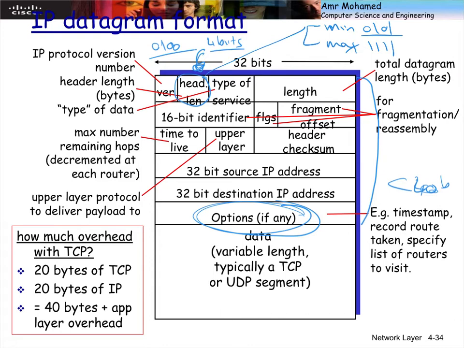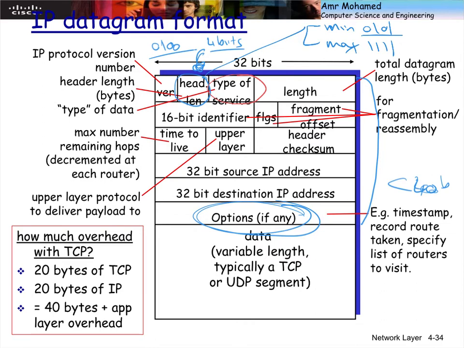Okay? So we solved the puzzle of how 4 bits can report the length of the header, and the length exists because we have a variable length header. Okay? And this is the field that we have talked about, which is the type of service or differentiated services, which is divided into two subfields: explicit congestion notification and the differentiated service code point.